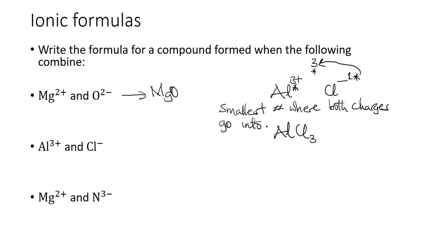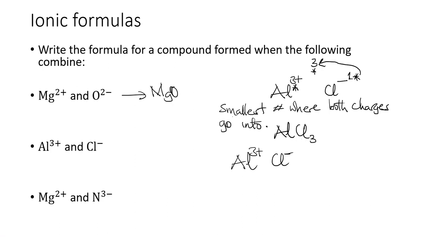So you write your chlorine here, but put the 3 down. So that makes life simpler. Another way to make it even simpler is just to put these ones close together. Chlorine and aluminum, you put them close together.